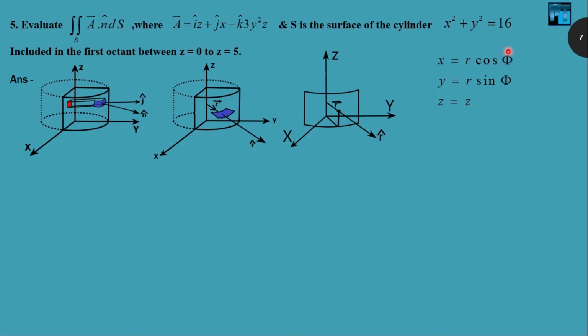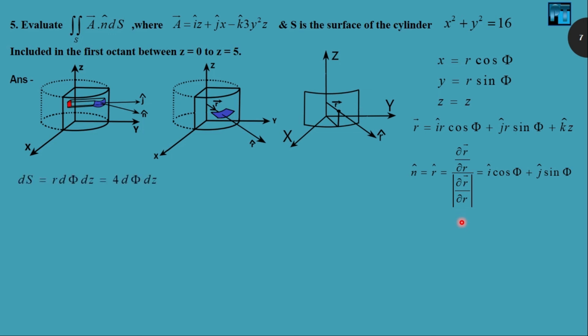Now let's write the general displacement vector as this one, where this r equals to 4. I repeat, this r equals to 4 and this r vector is the general displacement vector. Don't get confused there. N cap equals to r cap as usual, and we have ds equal to r d phi dz, where r equals to 4, so 4 d phi dz.